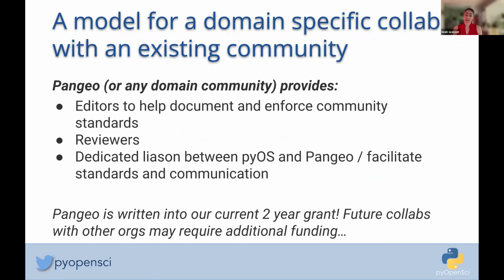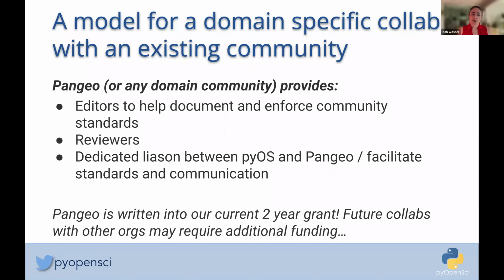So on your end, as a Pangeo community member, these are just some ideas. This is a conversation that I'd love to have with everyone. Pangeo could contribute editors that would support and facilitate the review process. We have the process in place, but we need your expertise to make sure we're enforcing the right things.